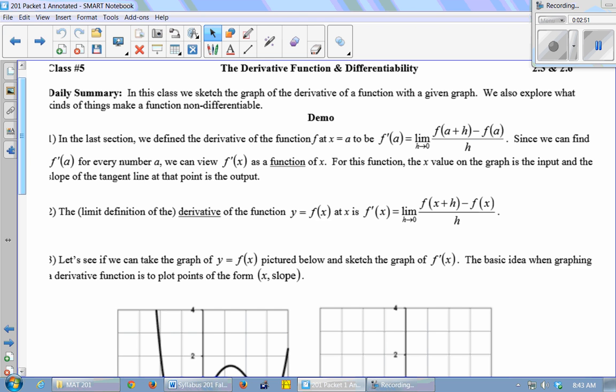Now we're saying we can let that point vary. We could do this calculation at any x value. So instead of a's, we put x's, because a was representing a constant, and now x is representing a variable.